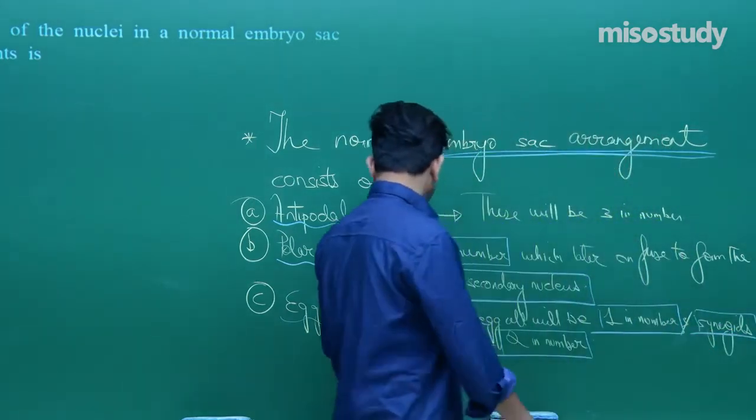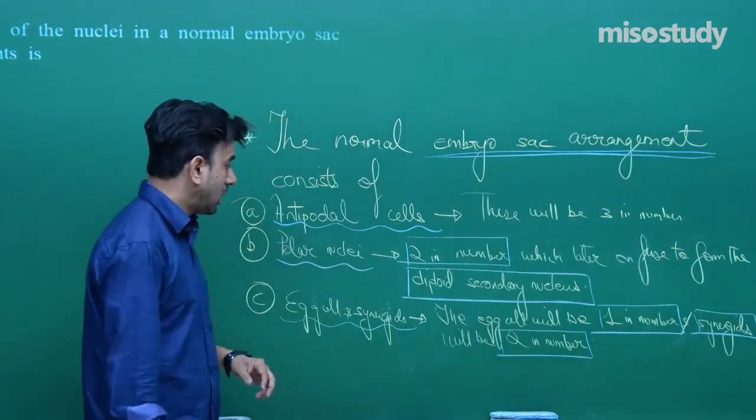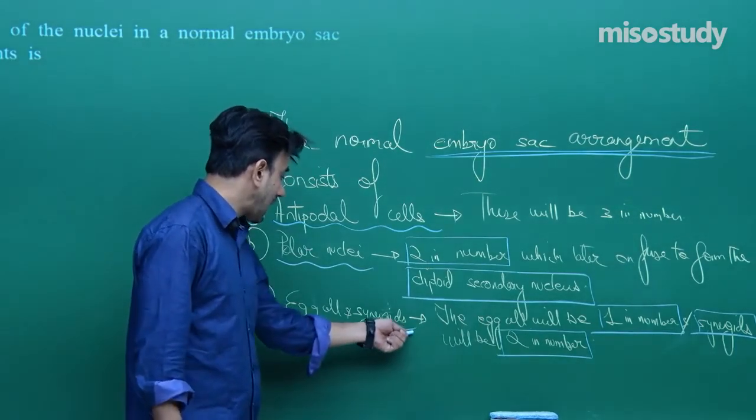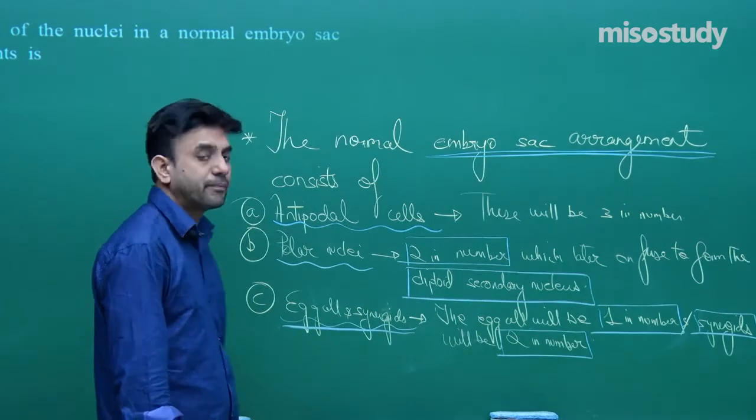The egg cell will be 1 in number, and the synergids will be 2 in number when we talk about the egg cell and the synergids.